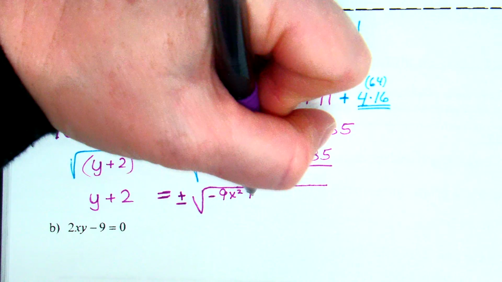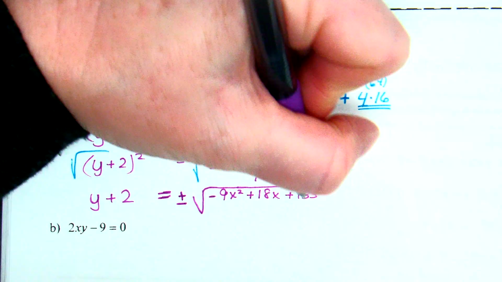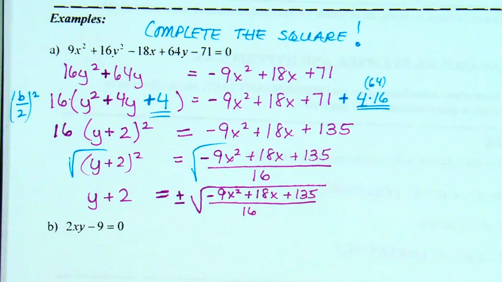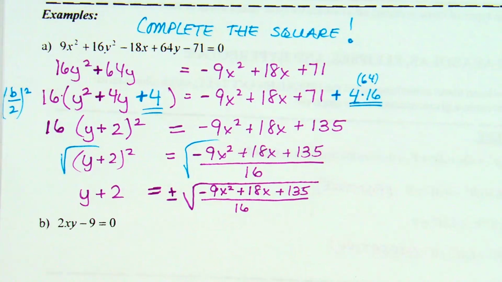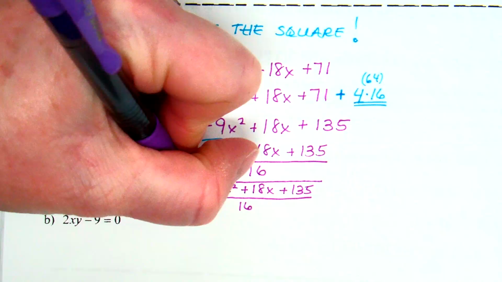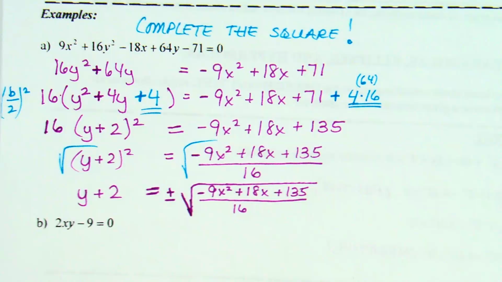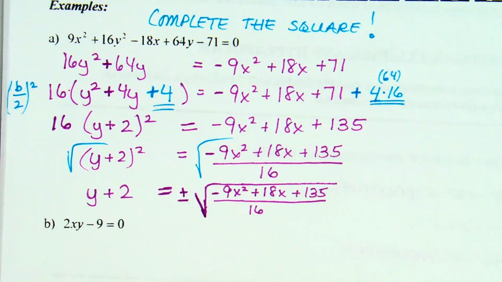So under that radical is negative 9x squared plus 18x plus 135. And still under the radical, it's over 16. Notice I haven't taken a square root, so that is all part of the radical. Okay. If it's y plus 2, how do I get y by itself?